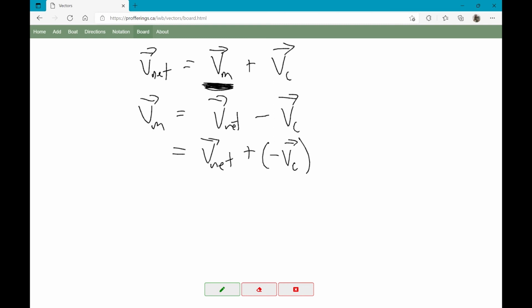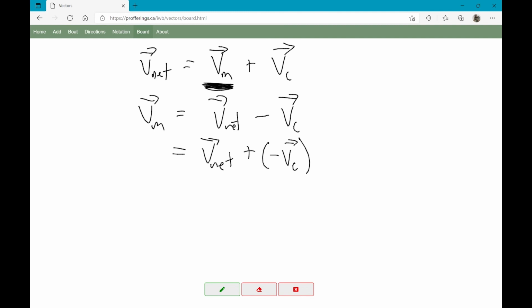So all we have to do to figure out the motor velocity is add the opposite of the current to the net velocity. Again, that might seem undoable, because we don't know how fast the boat is going to cross the river. It won't be 7.8 meters a second anymore, because we've changed all the directions. But we don't need to know that.